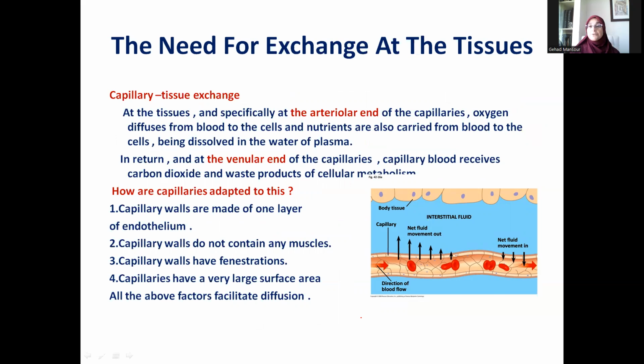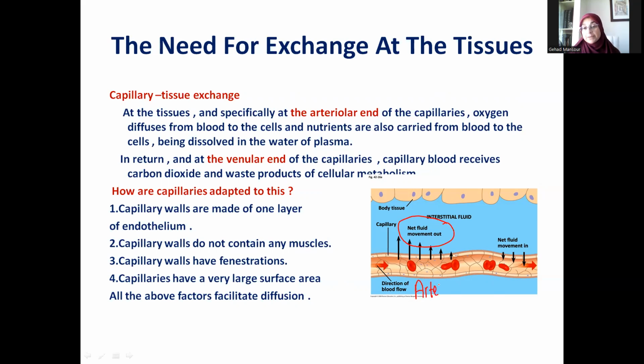Now, at the tissues, there is a kind of exchange between blood and the tissues, and we call it capillary tissue exchange. If you look here at a blood capillary having fenestrations and having a net fluid movement out, of course, this occurs.